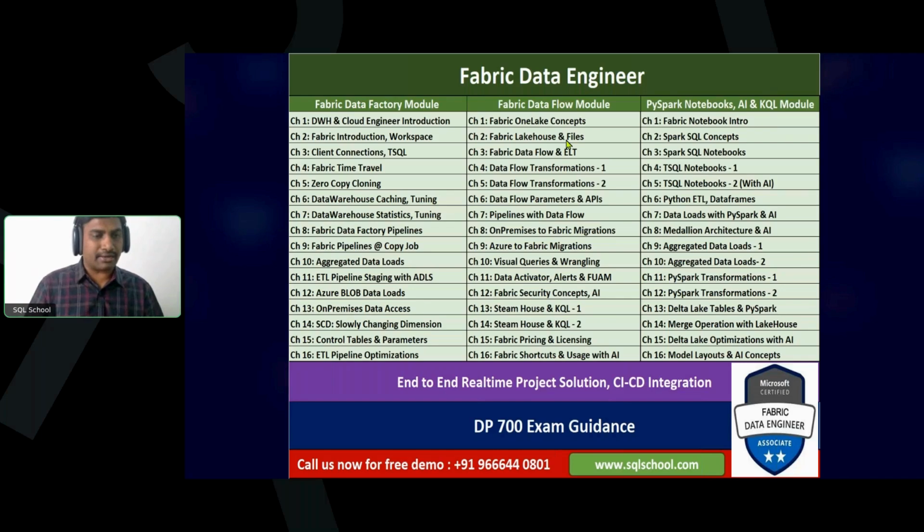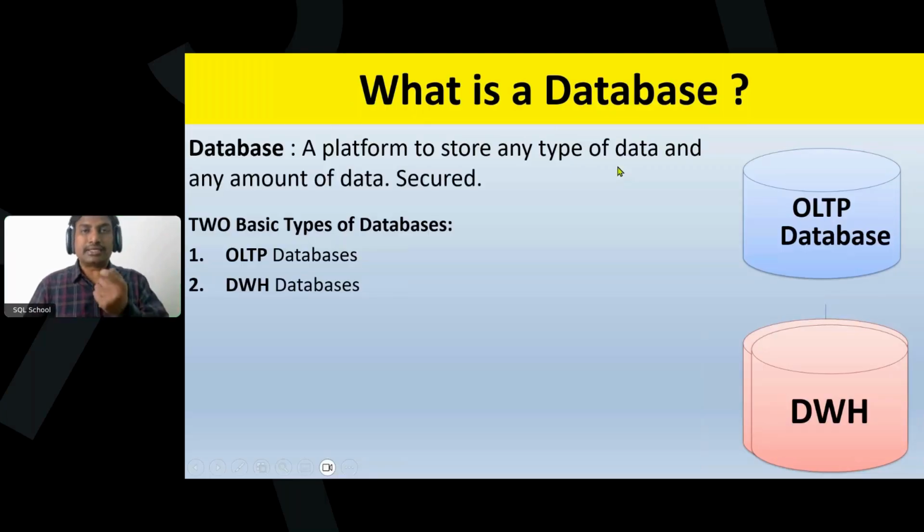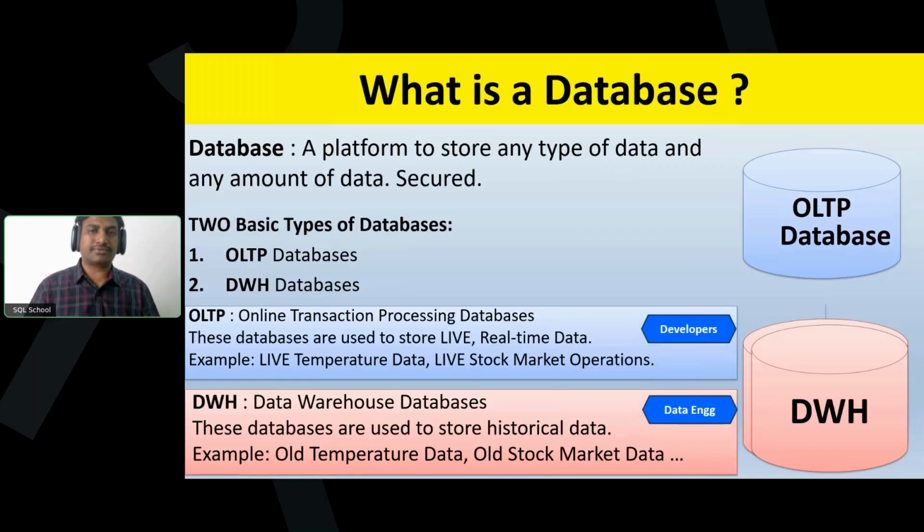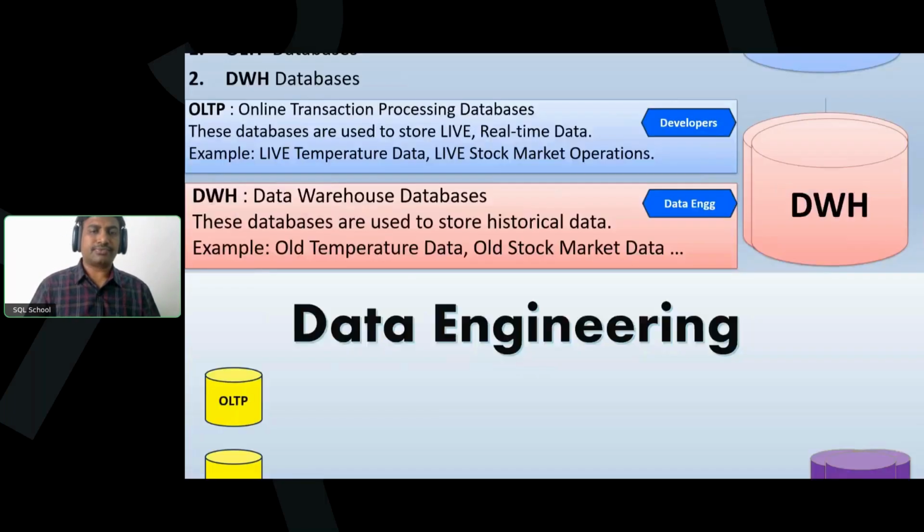Let me recap once again what we learned so far till now. Then we go for doubts, clarifications, and questions. Before we came to this particular slide, we started slowly with what is a database and types of databases, and we as data engineers work in warehouse activities.